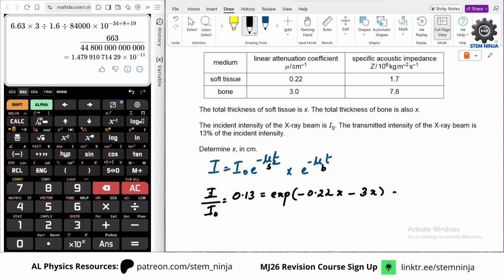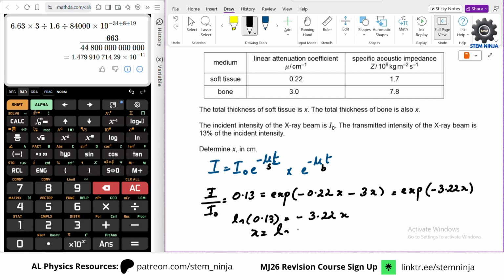So this is going to be 3.22, minus 3.22x. So now when we take the ln, this is going to be minus 3.22x.